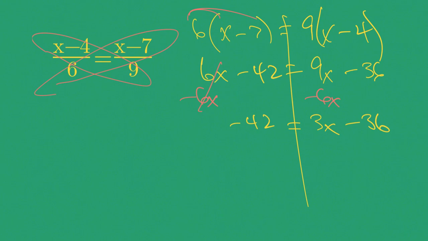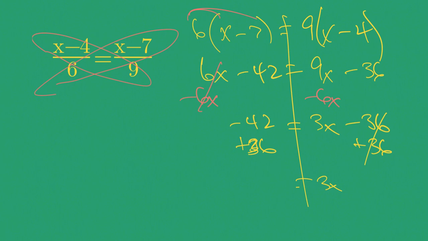What's next? What's moving next? Add the 36. 3x equals. Now, what's negative 42 plus 36?